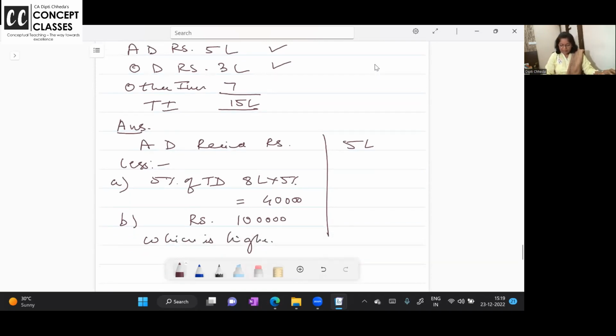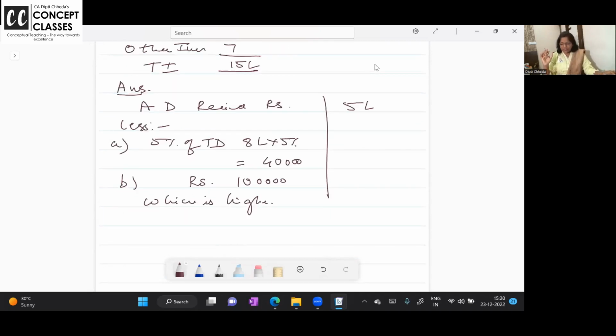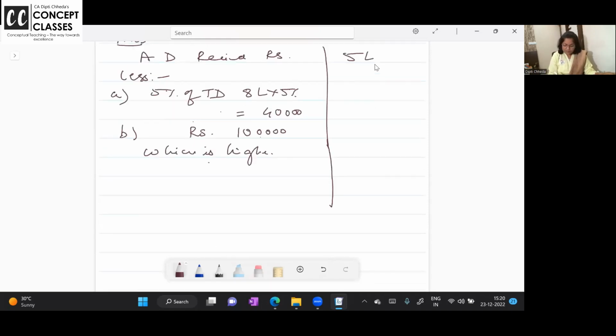Other donations, be it corpus donations or any other voluntary donations, but 5% of total donation or 1 lakh, whichever is higher. Up to this, it is taxable at normal rate. So which one is higher? 1 lakh. So 1 lakh I'll take. That means 4 lakh of donations is taxable at 30%.